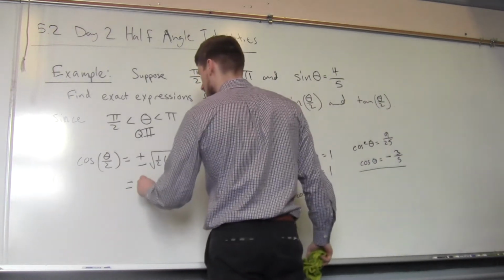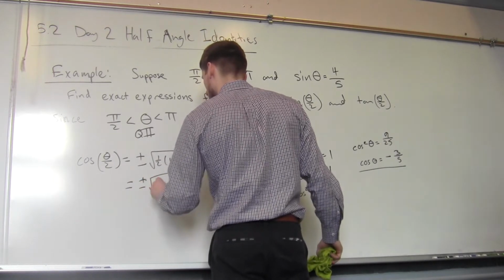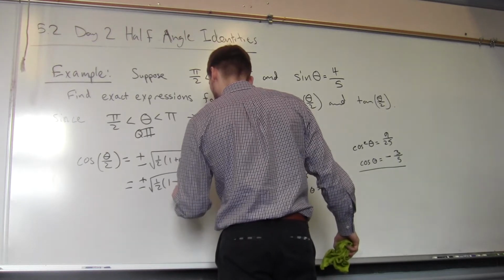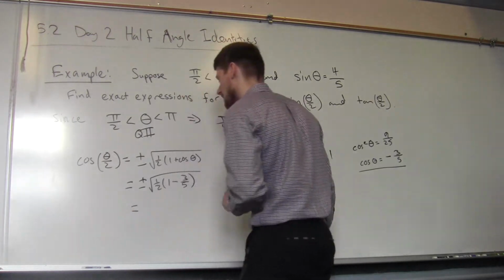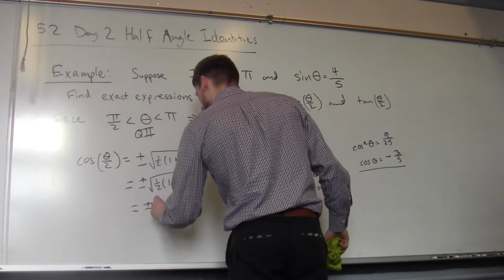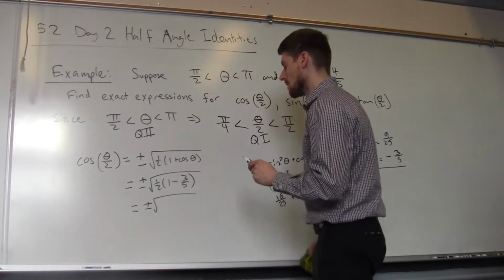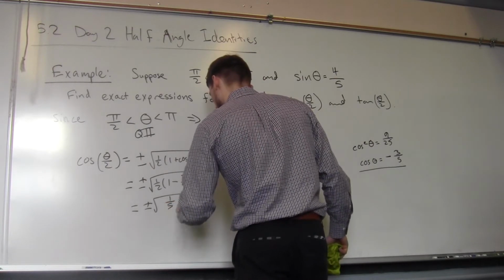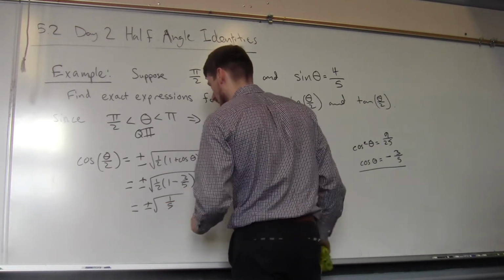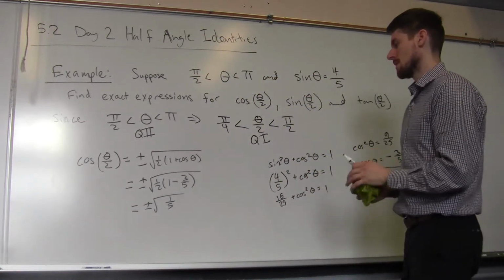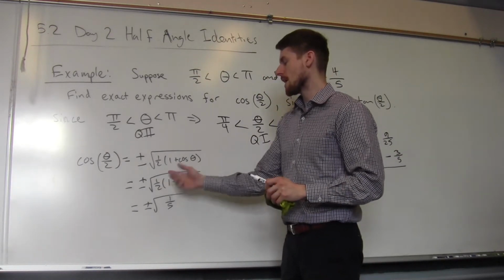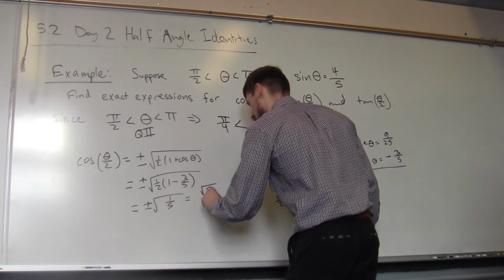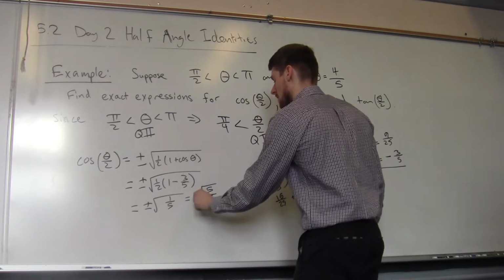So plus or minus the square root of 1/2 times 1 minus 3/5. 1 minus 3/5 is 2/5, and 2/5 times 1/2 is 1/5. So this equals root 5 over 5.